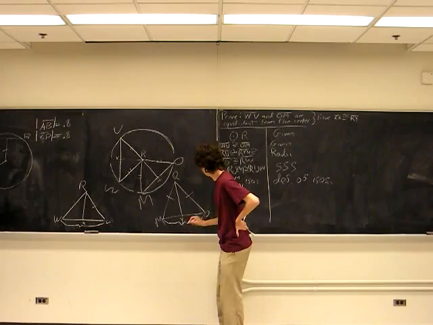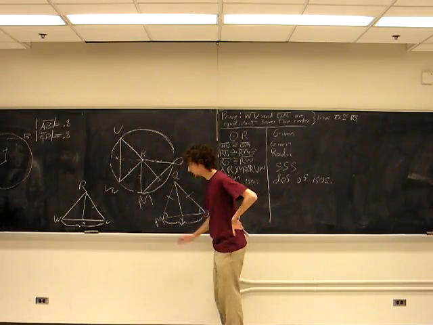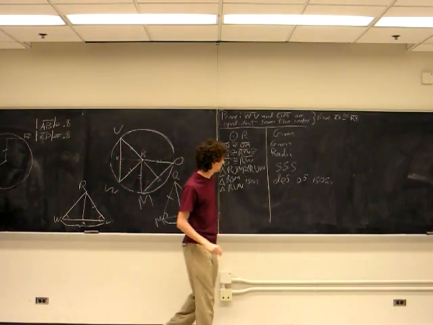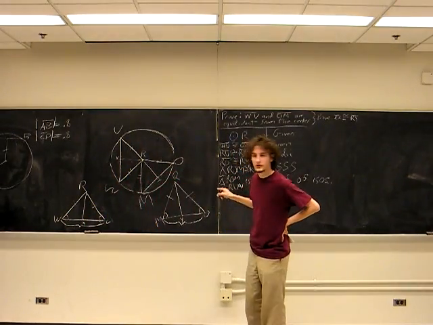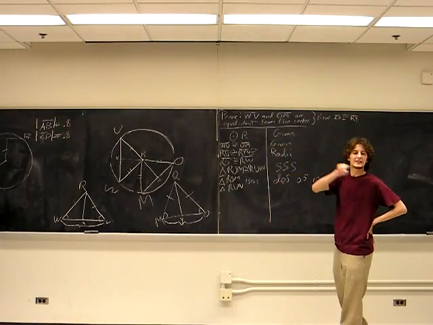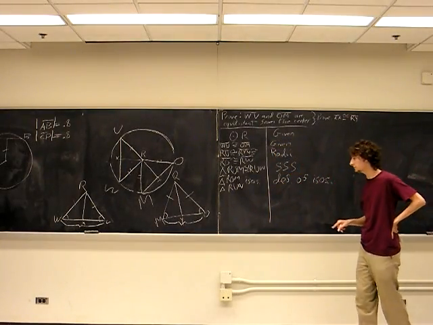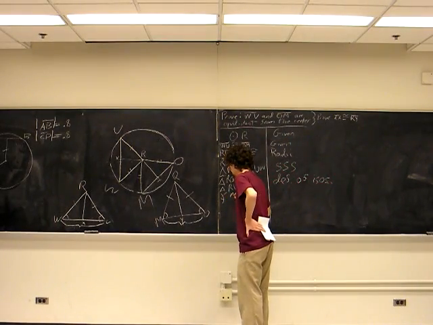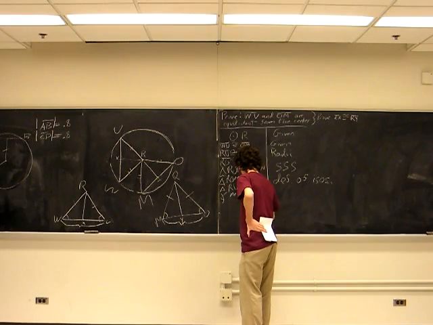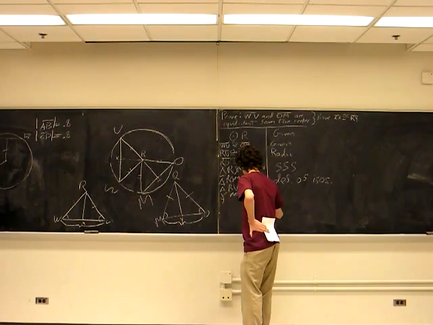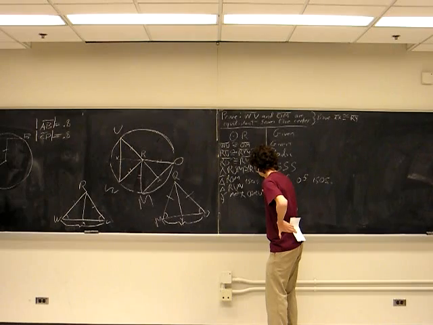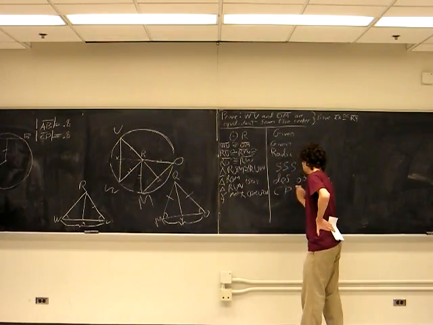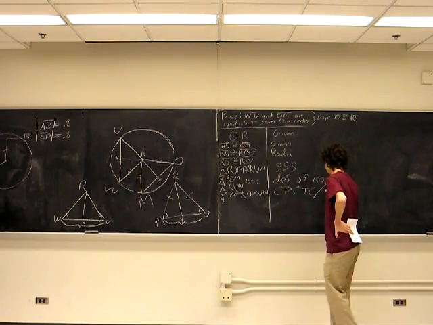Well, that also means that these angles are the same, and these angles are the same. And more than that, since the triangles are congruent, by CPCTC, if you remember from yesterday, all four of those angles are the same. So we have angle M, angle O, angle U, angle W are all the same. CPCTC and isosceles.